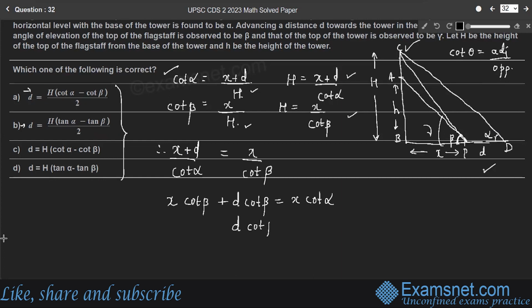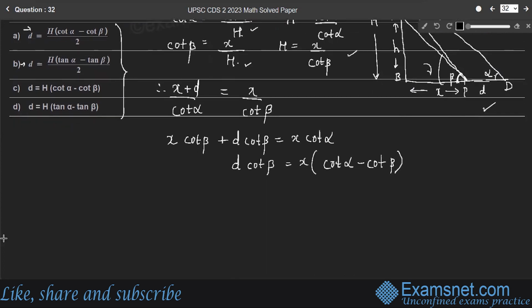We'll take d cot beta is x into cot alpha minus cot beta, right? Therefore, d is equal to x by cot beta into cot alpha minus cot beta, right? So cot alpha minus cot beta.